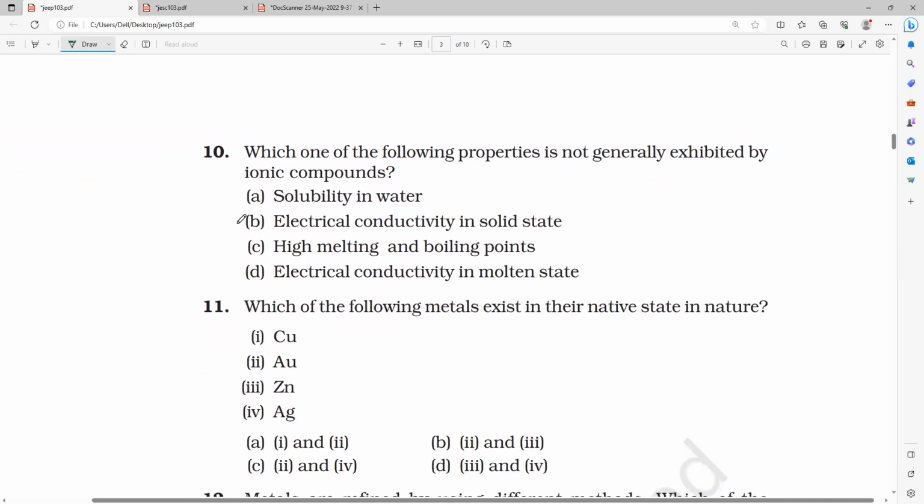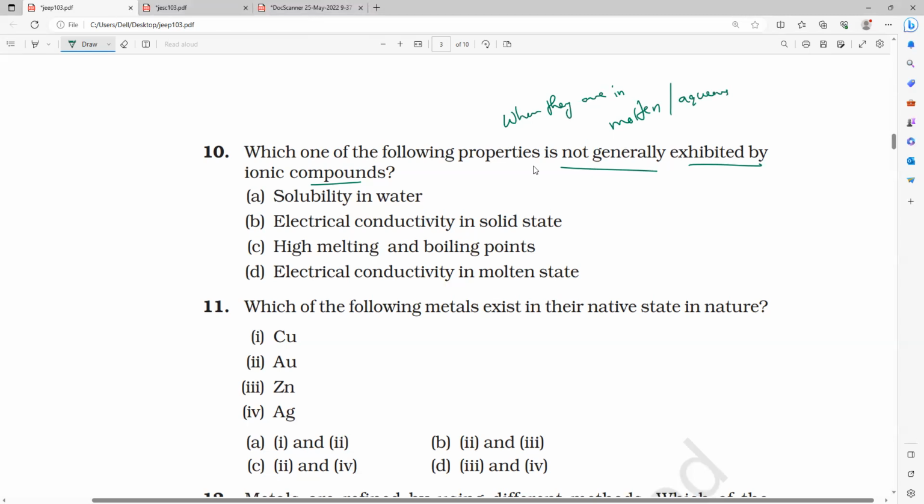Next, which of the following properties is not generally exhibited by ionic compounds? Ionic compounds only conduct electricity when they are in molten or aqueous state.